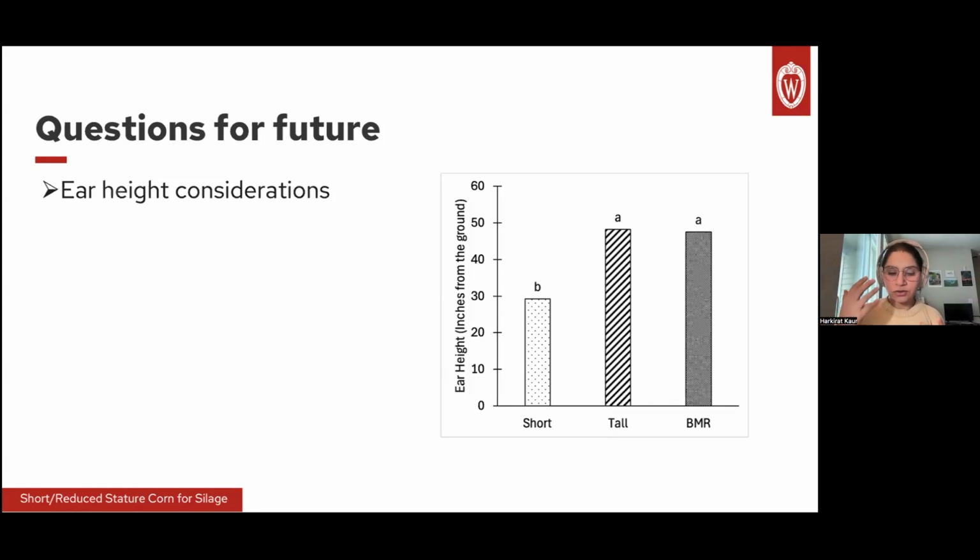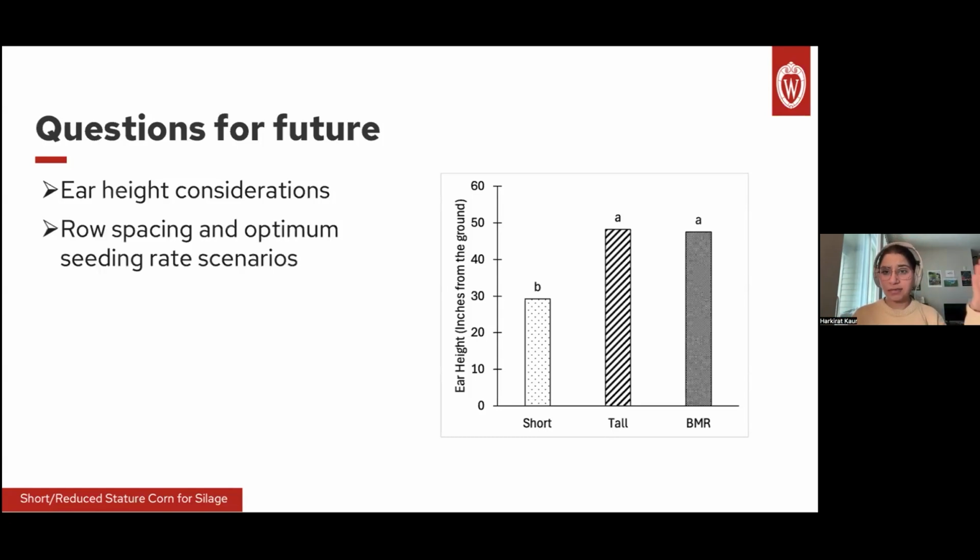Therefore, modifications with the machinery or with the plant architecture are things we need to look forward to. Beyond that, as I mentioned earlier, appropriate or optimum seeding rate scenarios with row spacing are the questions we are looking into.